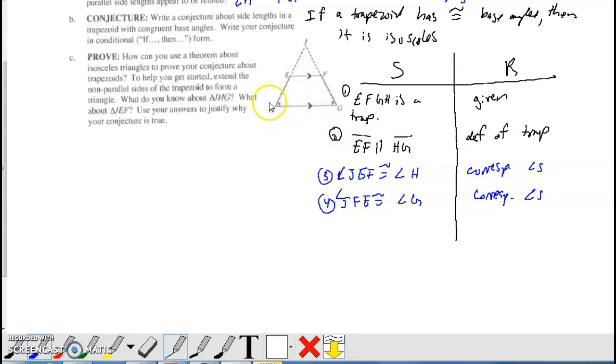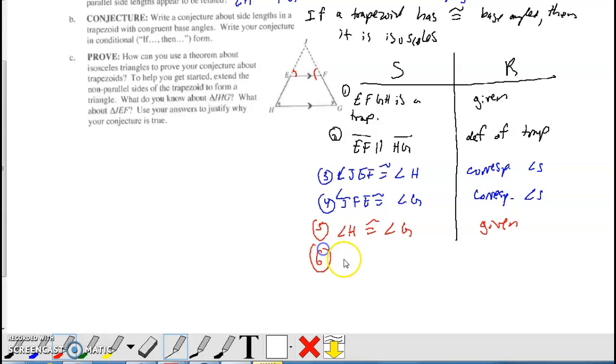What else do I know? I should probably put that other piece of information down here. My fifth piece of information is that angle H is congruent to angle G, and that was a piece of given information. So if angle H and angle G are equal to each other, that means that JEF and JFE, these angles, are now officially equal to each other.